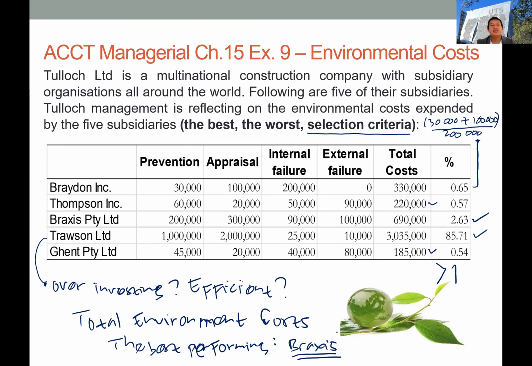The idea of this exercise is that you have to be very careful in selecting the evaluation criteria and try to use more than one criterion in order to get a more comprehensive perspective of the subsidiaries' environmental performance.